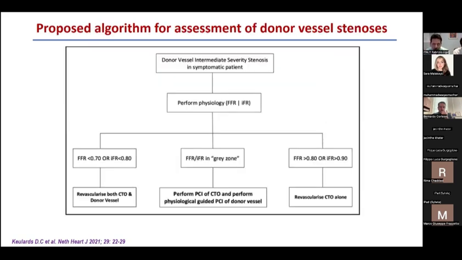Finally, I use this flowchart, this algorithm, because I like physiology, when we have an intermediate stenosis in the donor vessel, like in my case. We can have three situations.